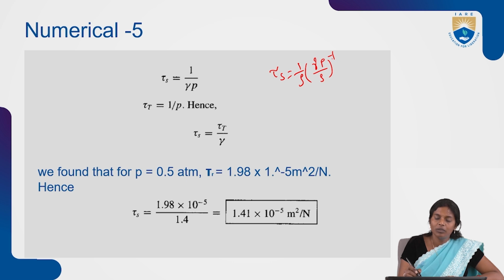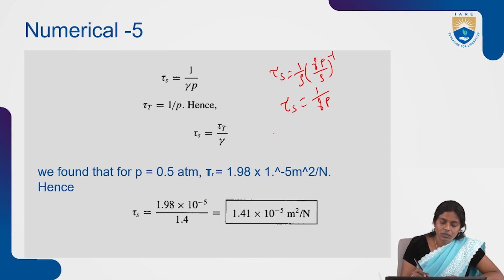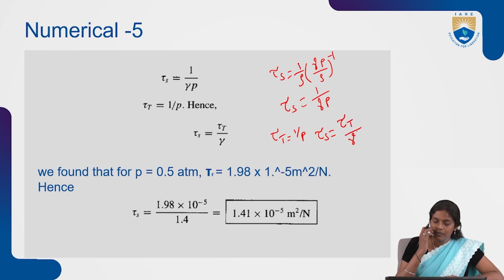From this, if it is reversed, it will be 1 by gamma p, which is the tau s value. So tau T equals 1 by p. Then what we can write? Tau s is equal to tau T by gamma.